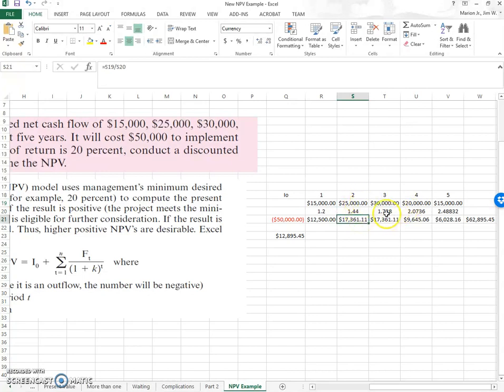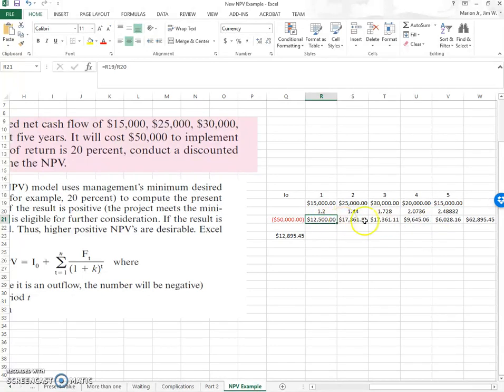S19 over S20. So you can see it's a simple matter to enter in your cash flows, enter in the discount rate factors, and it's based on the period. In this case, period 1 through period 5. And then we divide the future cash flow by that discount rate, and this is what you see in line 21.